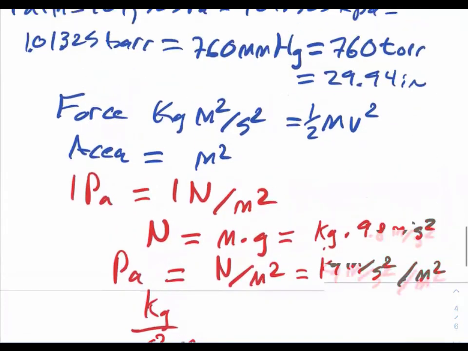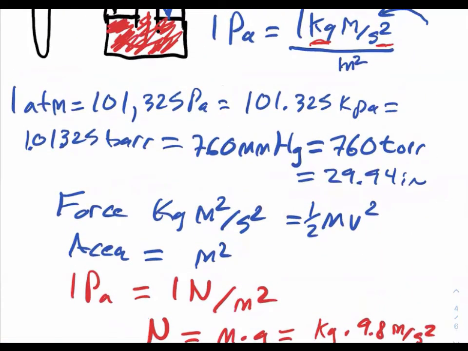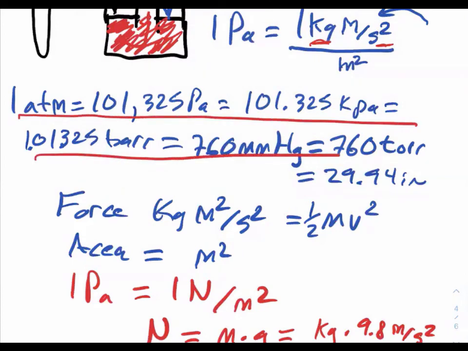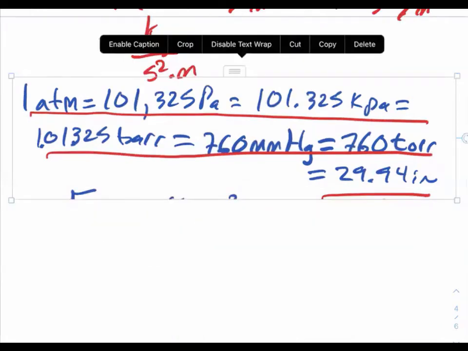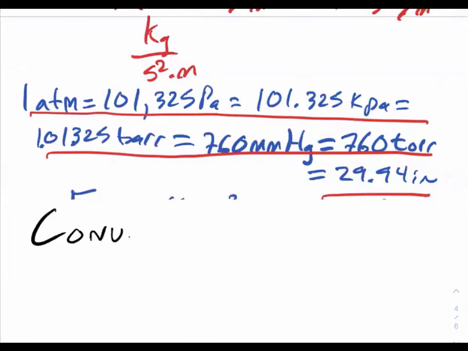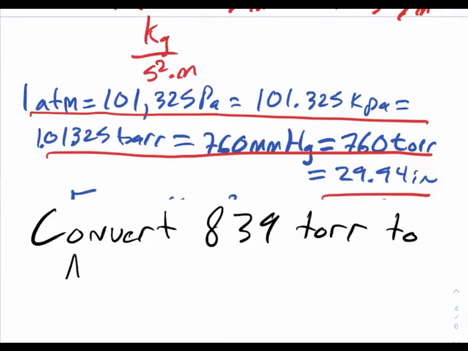And so, if we go back to this, all of these are equivalent, and you'd be given one long conversion factor, and I'll give any of these to you that I want to use on the test. You get that whole thing, and you can cherry pick anything you want from it. Okay, so let's do a conversion. Convert 839 torr to atmospheres and PSI, just to show that we can cherry pick.